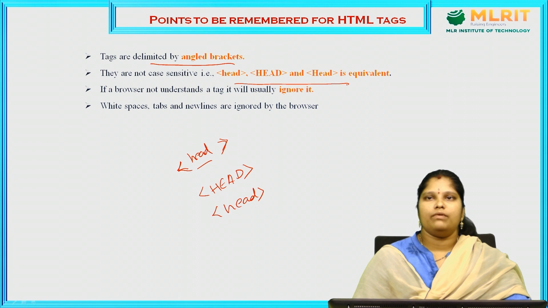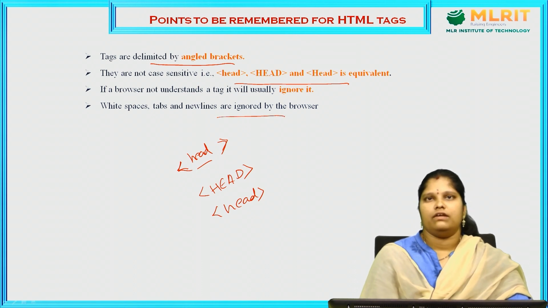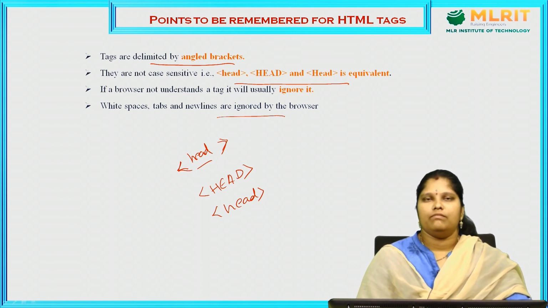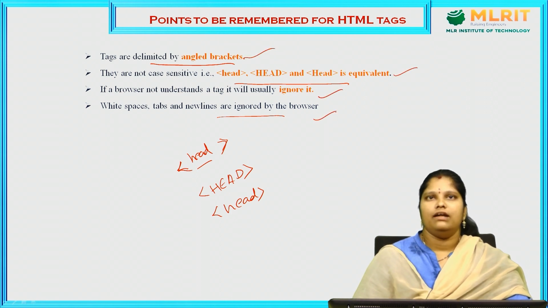And if a browser does not understand any tag, it will usually ignore that tag. And in the document, if any white spaces, tabs and new lines are there, those are ignored by the browser. These are the points you have to remember for HTML tags.